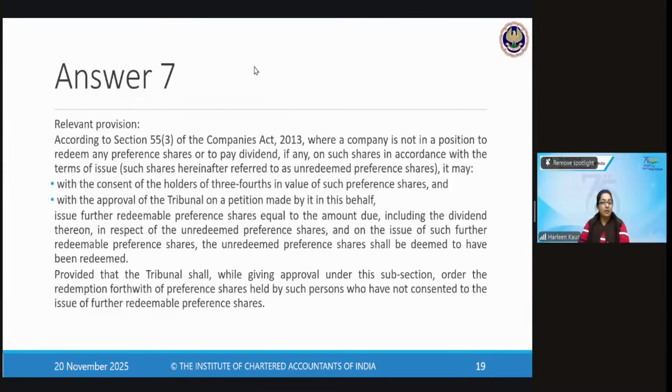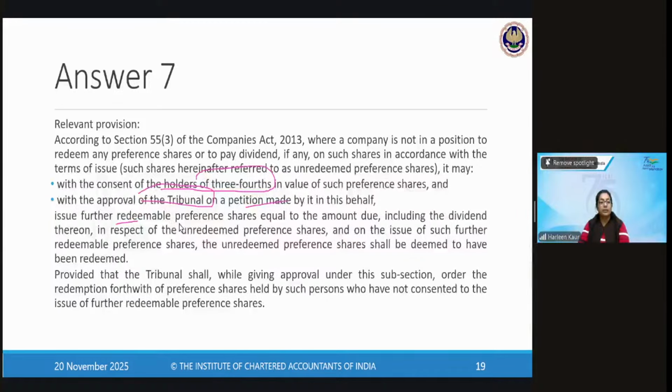Nobody mentioned in the chat box, and neither have you mentioned, Ram, that whenever the company is not in a position to redeem, it shall issue the shares with the consent of 3/4 of the value of preference shares and with the approval of the tribunal on a petition filed. This is a mandatory thing that you have to do. Then comes the further issue of redeemable shares equal to the amount, including the dividend thereon.